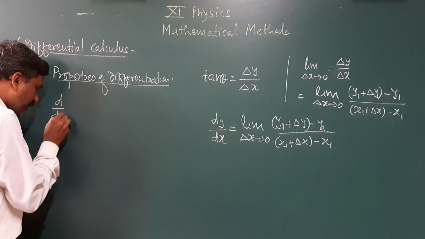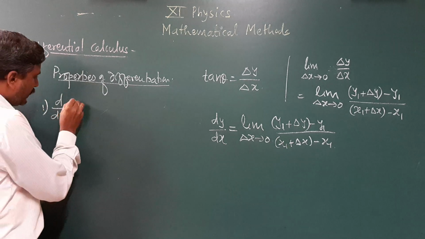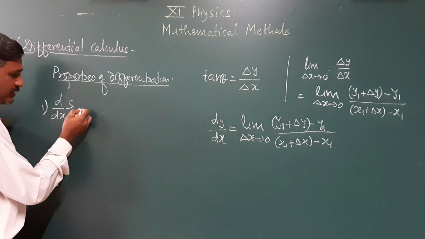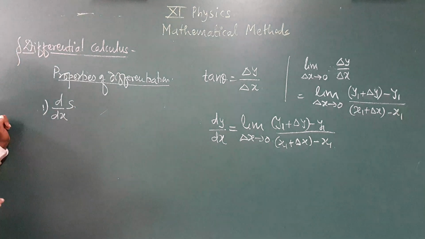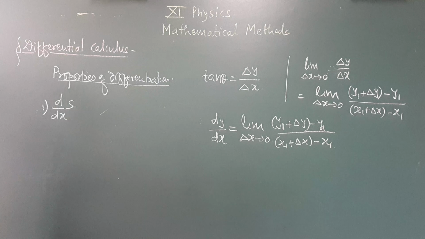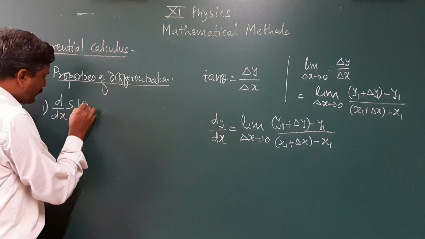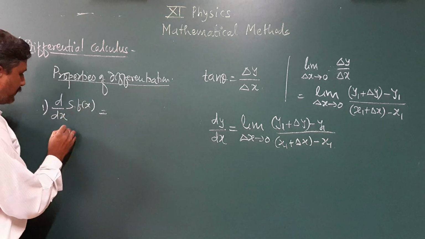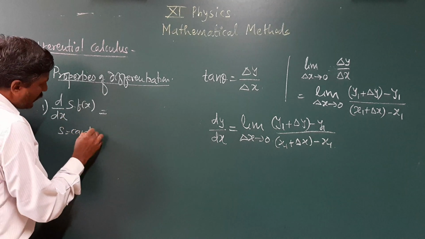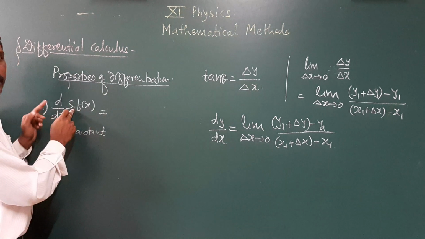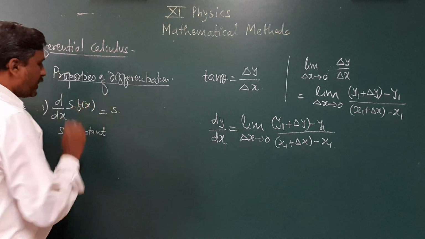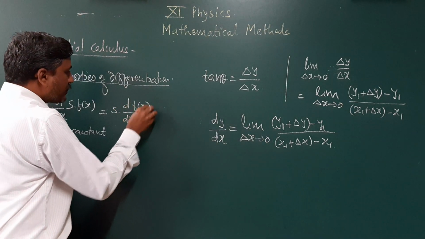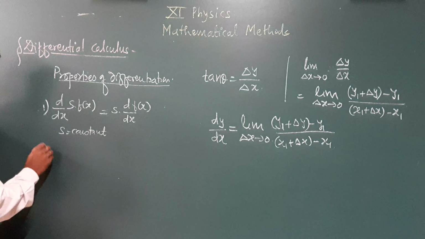Let the dy by dx of any one physical quantity s times a function of x, f of x. If s is a constant, then we never take the differentiation of s. So s stays as it is, times d by dx of f of x.